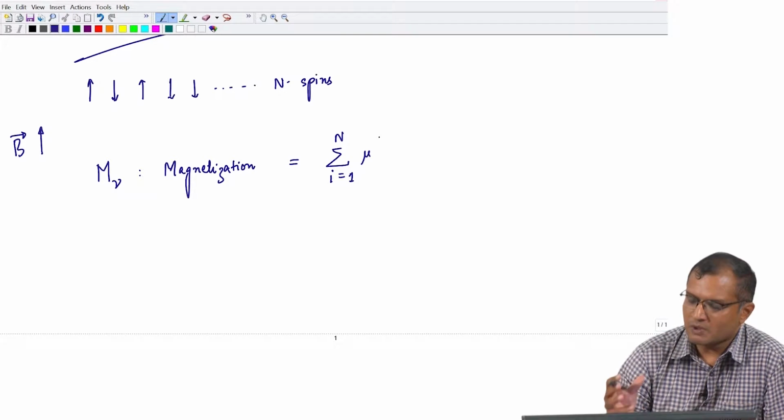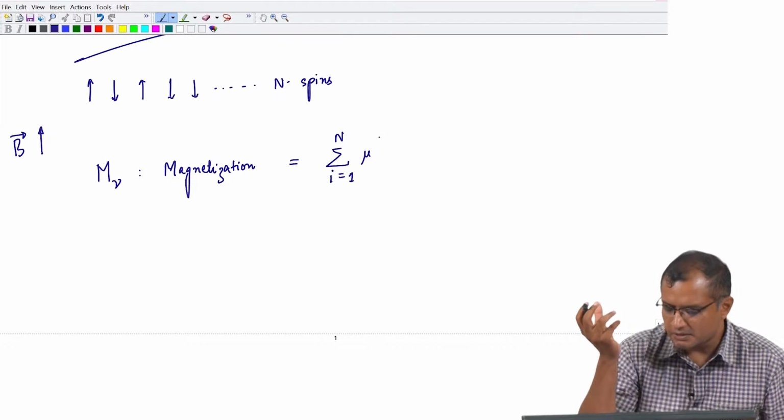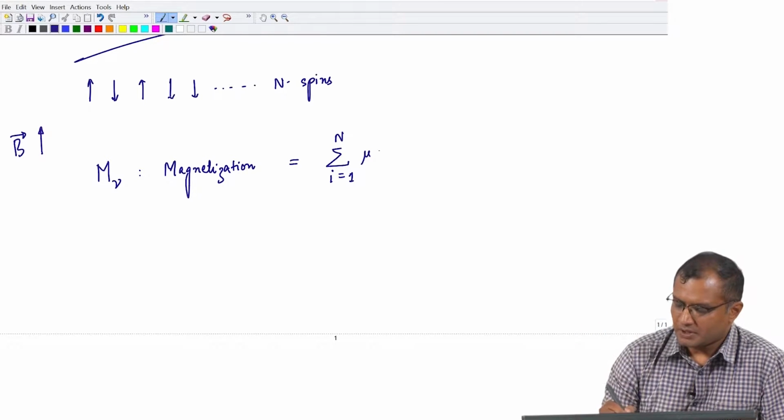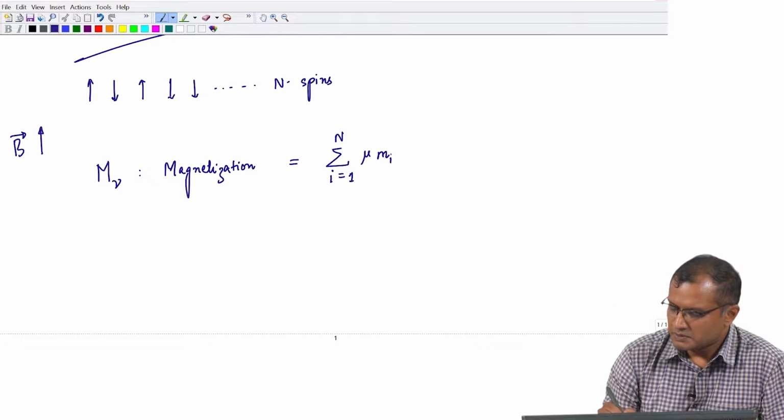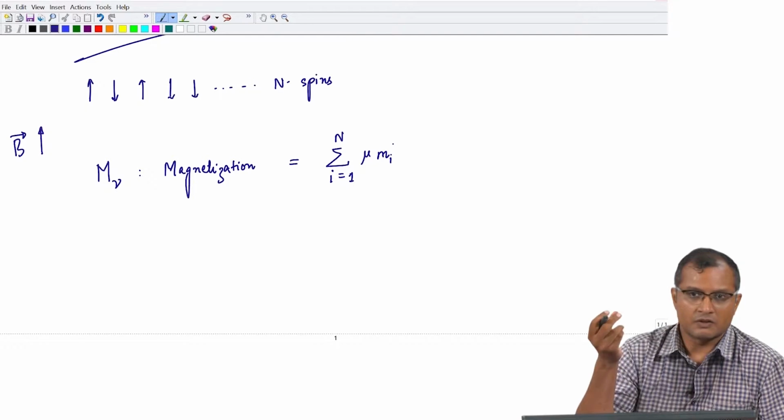So, I am going to take mu as some magnetic moment per spin into the excitation of that spin.